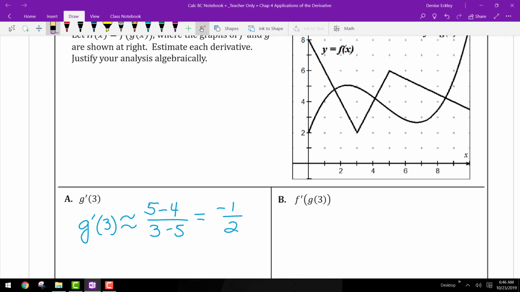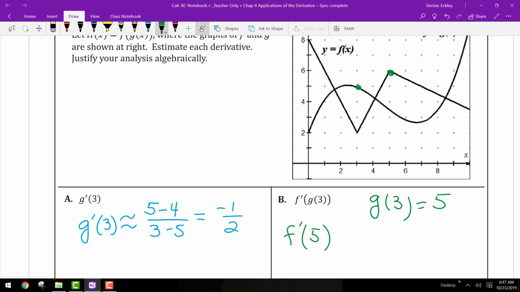And the next one that I am going to do is f prime of g of 3. So the first thing we have to find is, what is g of 3? So g of 3, we already know, is 5. So that was that point we had before. So we're really looking for f prime of 5. So let's go to 5, find it on the f graph.